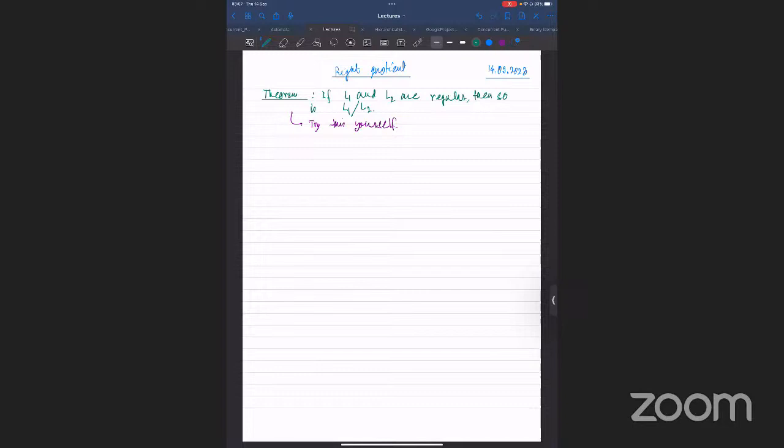So suppose I make a DFA for L1. Okay, so there's a DFA accepting L1, and this is of the form Q, sigma, delta, Q0, F. Then what is the idea?